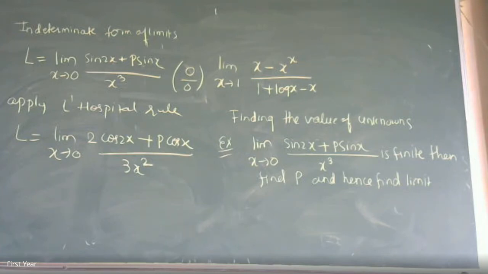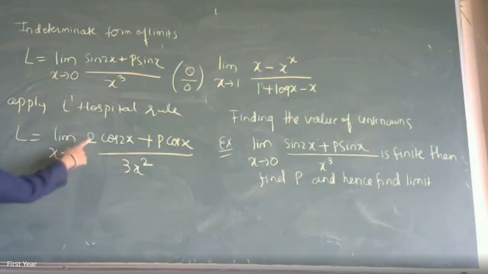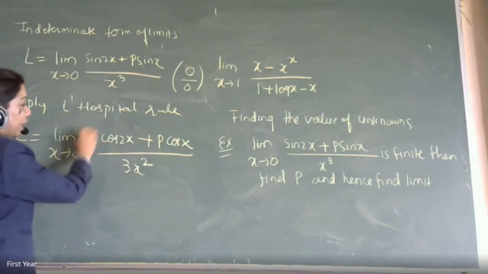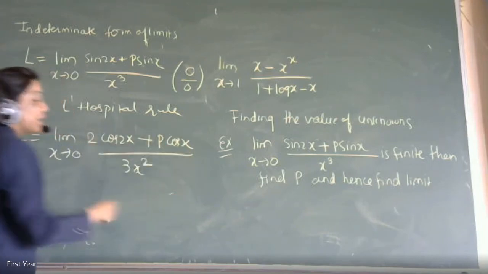Okay? Now tell me what is the value of this limit? Ma'am, can we take 2 outside? 2 upon 3? No, because it is not individual. You have to take this function separately and then do it. Okay, ma'am.